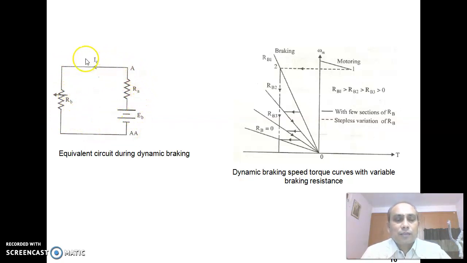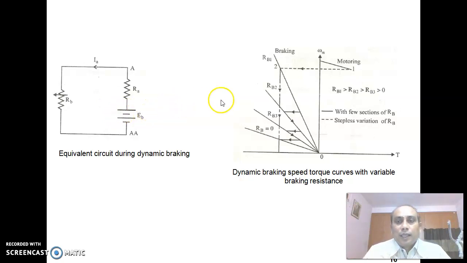Now what is the value of the armature current during the braking operation? IA equal to EB divided by RA plus RB. The braking torque is proportional to the product of armature current and field current.